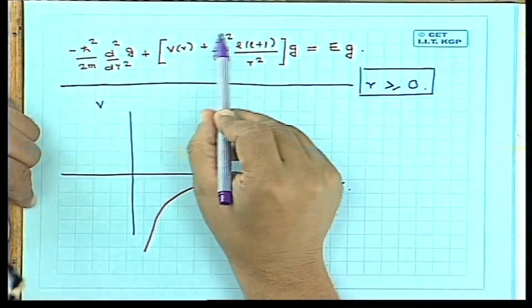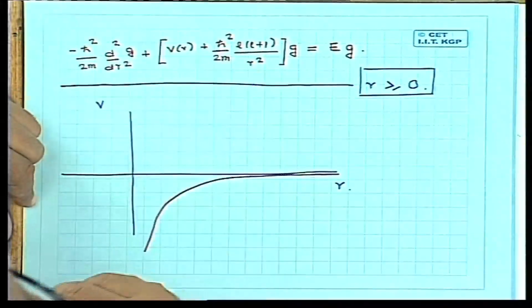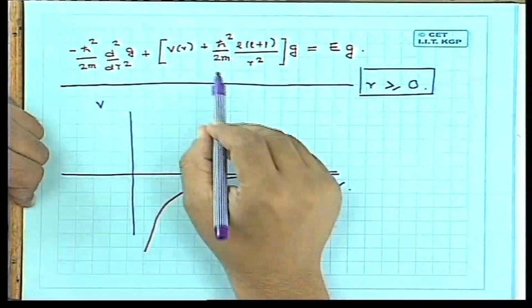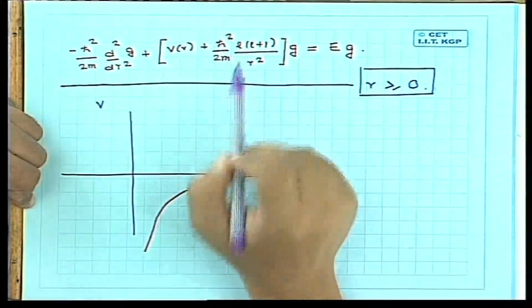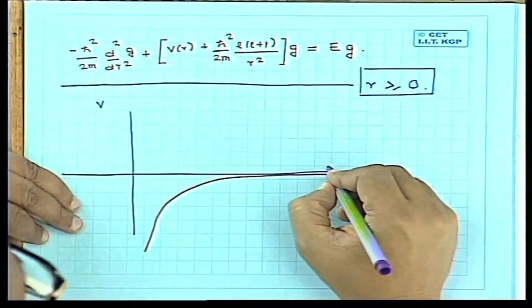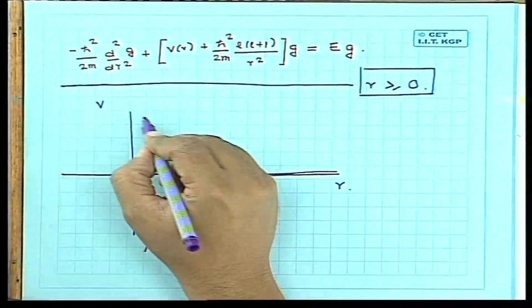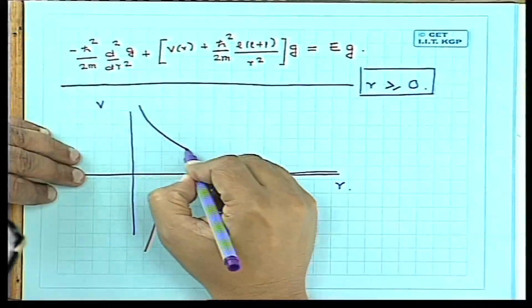Now there is this extra potential over here which behaves as 1 by r squared, but which is positive. And this potential increases if L is larger. So this potential I can draw over here. It is like this.